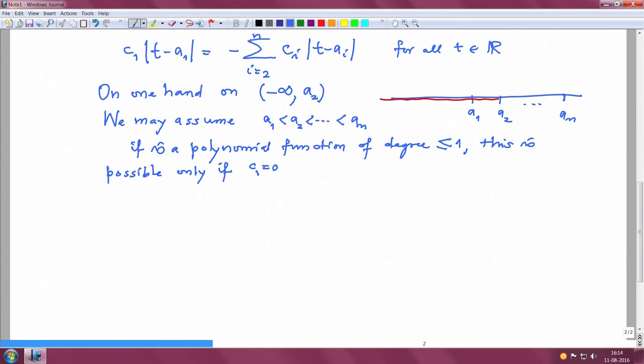So, this is possible only when C1 is 0. This is very easy to see if you draw it. So, that means we have proved C1 is 0, and then by induction, we conclude that C2 etc. are all 0.